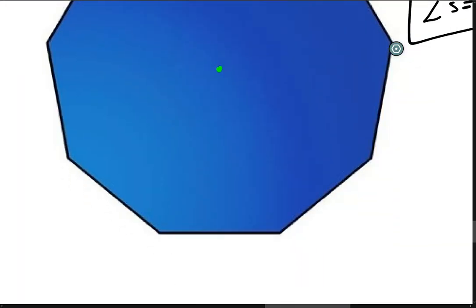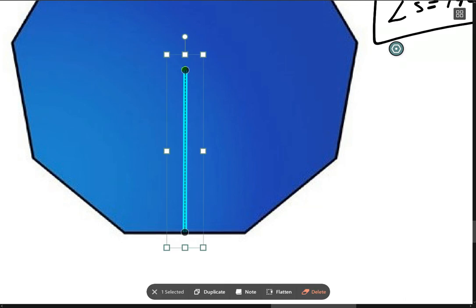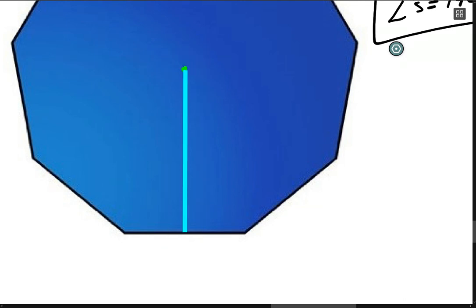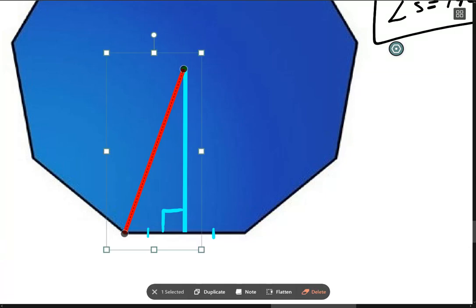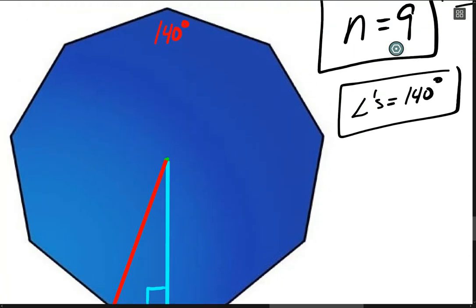Next one. Makes a what? Right angle and cuts it in. Then when we draw the radius, what does it do? Cuts the angle in half.